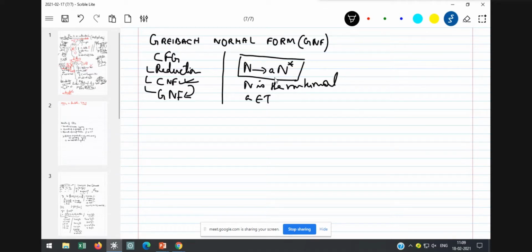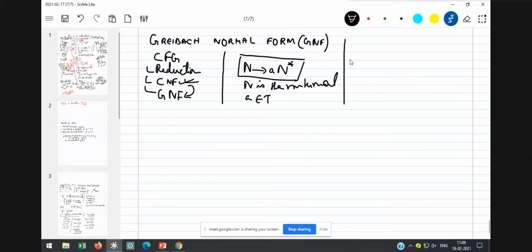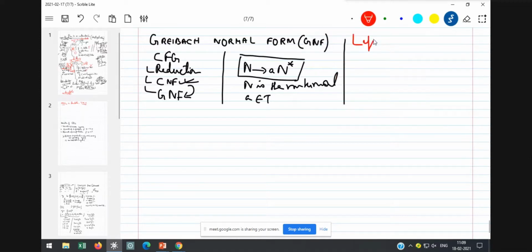Now, one important sub part of this GNF conversion. Let me write it here, using a different color. This is known as left recursion. This particular topic will be a part of the GNF conversion.